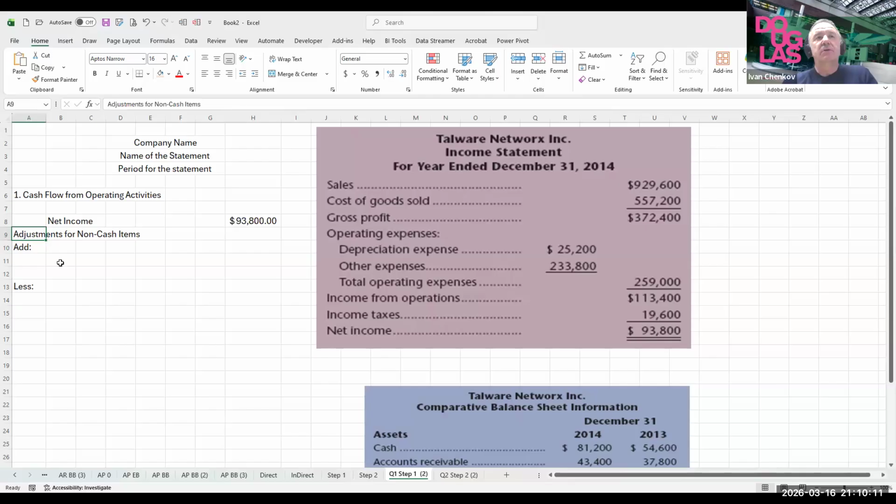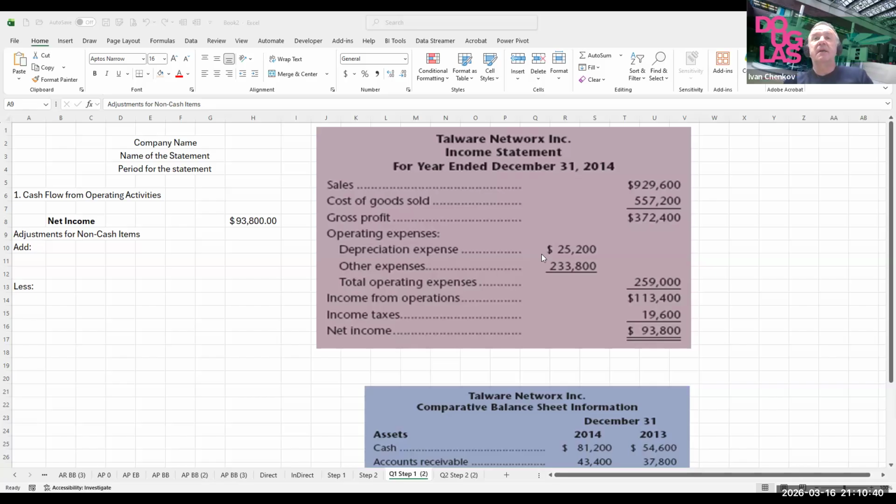After that, we have to do adjustment for the non-cash items. Is there any non-cash items that we can see on their income statement? Let's go. Sales. That's part of the cash. Cost of goods sold. That's expense. Depreciation expense.